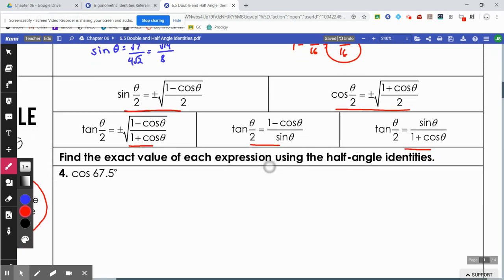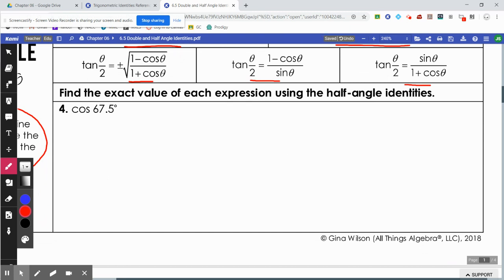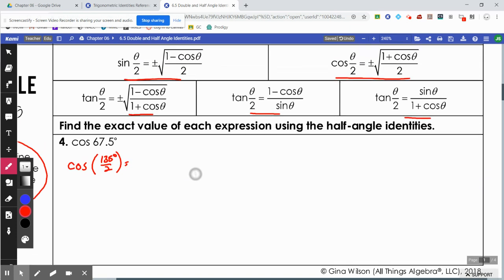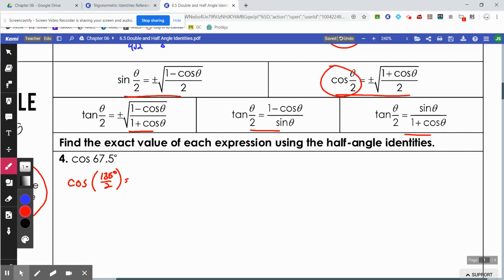So what we're going to do is first off, what is the cosine of 67.5? Now what we've got to first do is get that to fit our formula. So what I'm going to do, if you were to double 67.5, it gives you 135. So I'm going to rewrite this as the cosine of 135 divided by 2, which again is 67.5. Why did I do that? So that it looks like this.